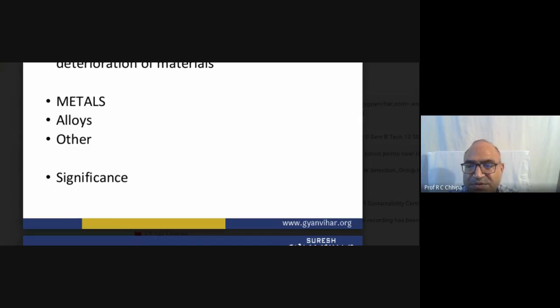If those metals and alloys undergo the process of corrosion, the process of oxidation, then definitely there will be losses. The life also correlates with those engine parts, as well as the bogie.